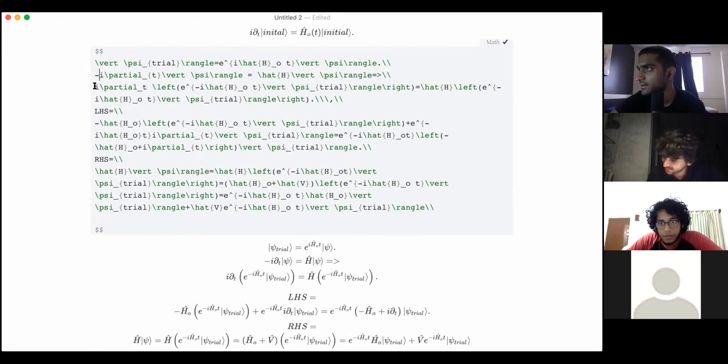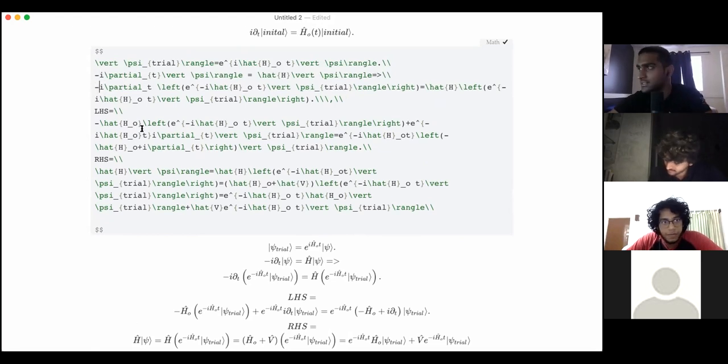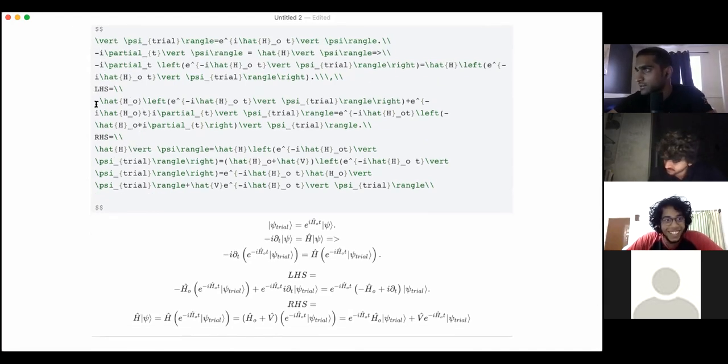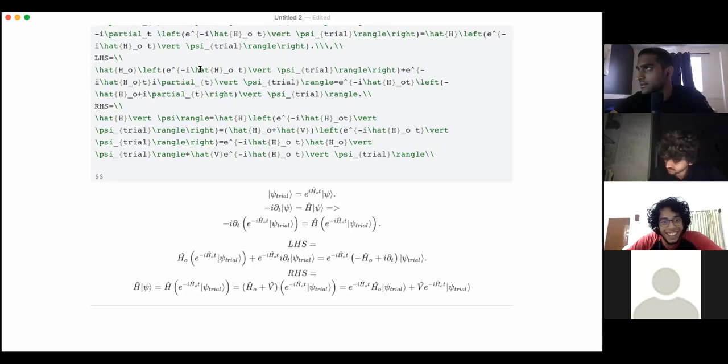There's a minus here, which means there's going to be a minus here, which consequently means that there's going to be a plus here and a minus here. Which then implies an overall minus here.